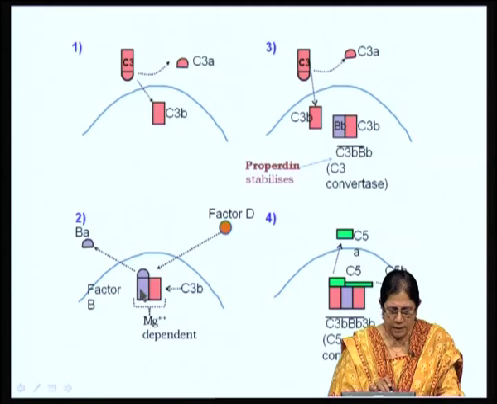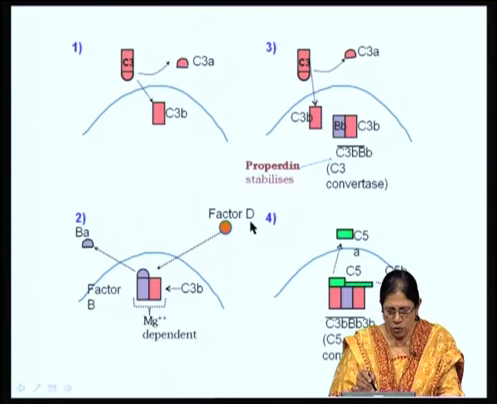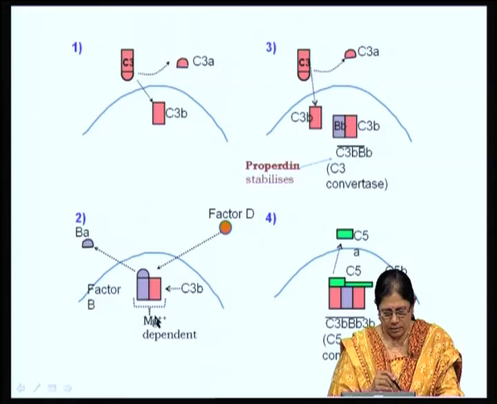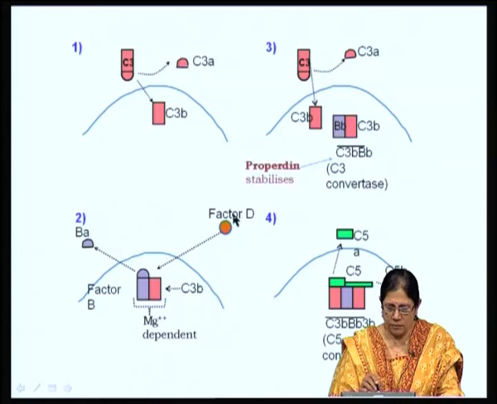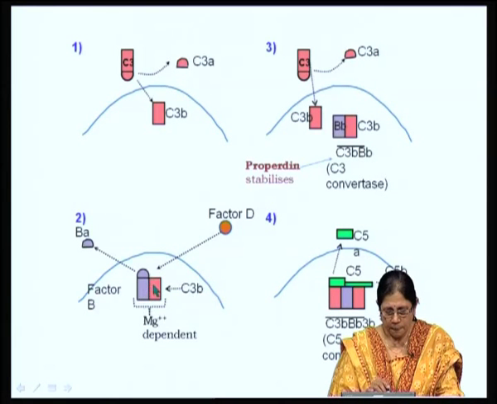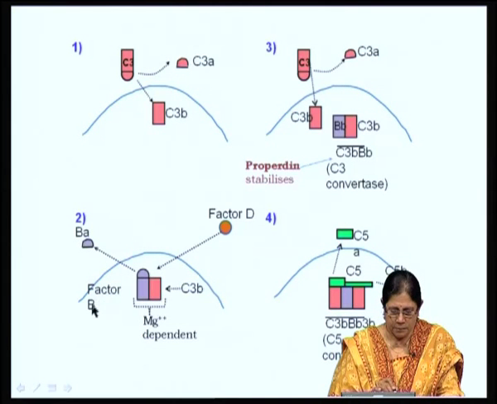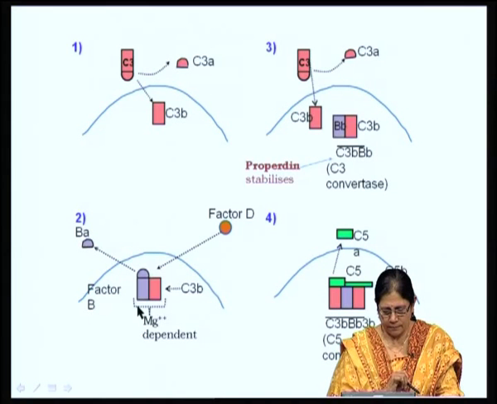This complex is also not very stable. But when factor D is recruited to this site of the complex, factor B C3b, factor D, which is a serine protease, cleaves factor B to factor Ba and Bb.